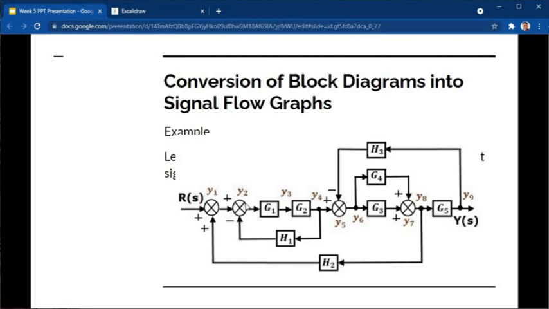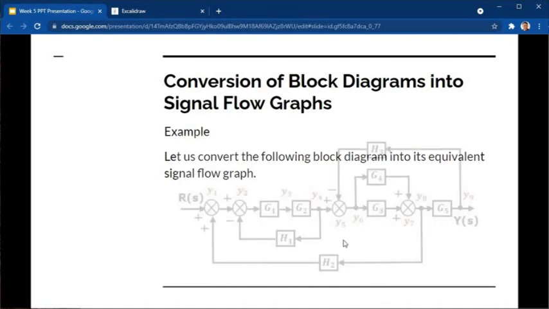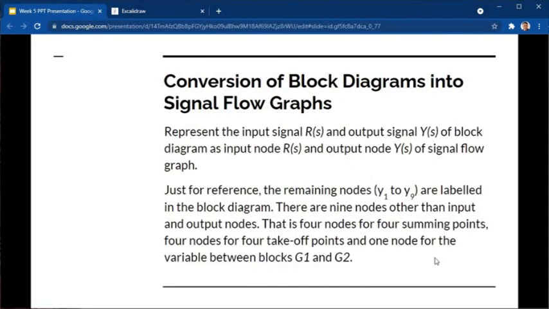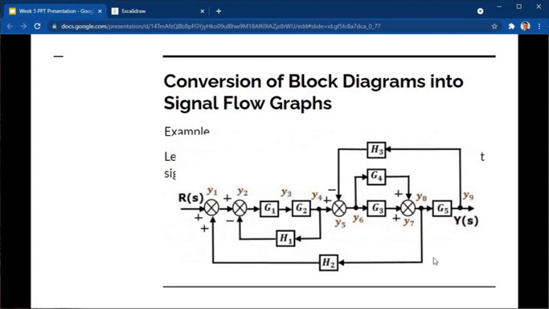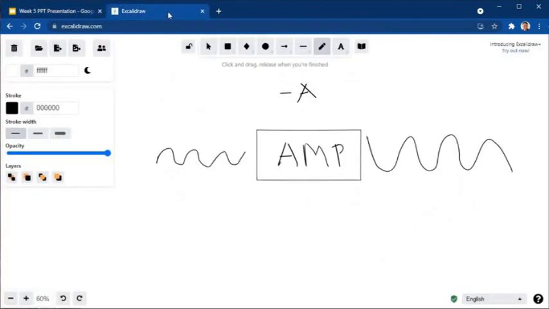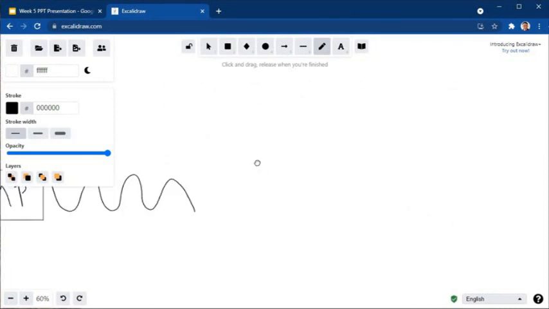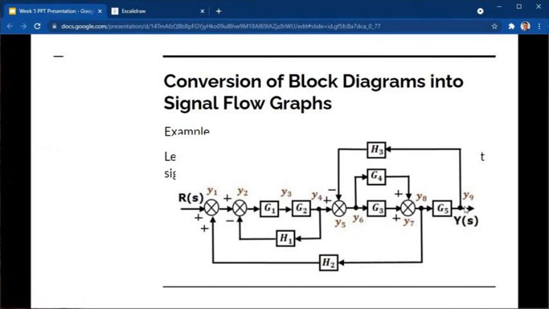So these are summing points, in between gains, in between gain and summing points. Intersection of gains, summing points. Should we do it here? Yeah, we should do it here. So we have 9 nodes.